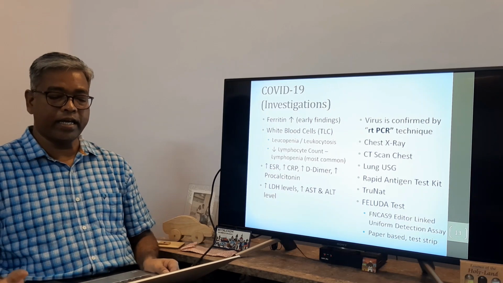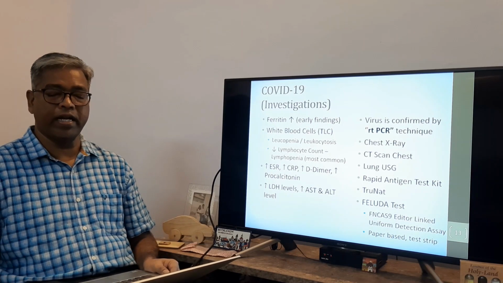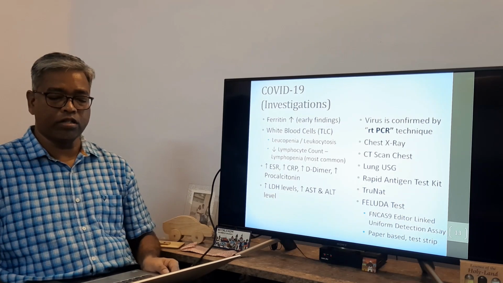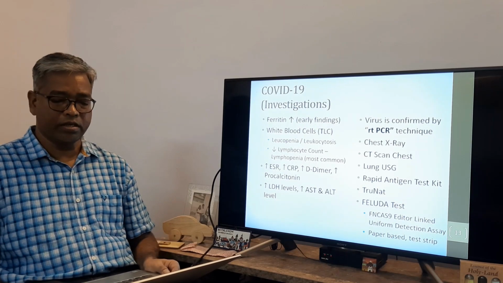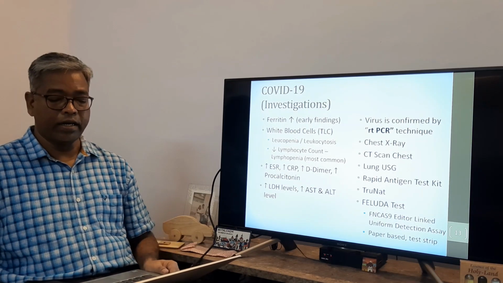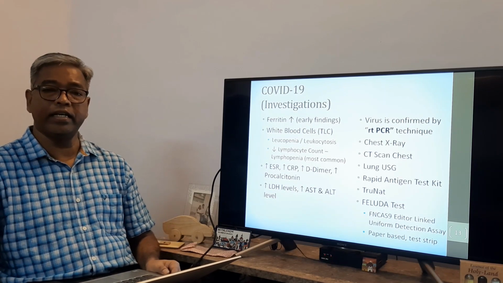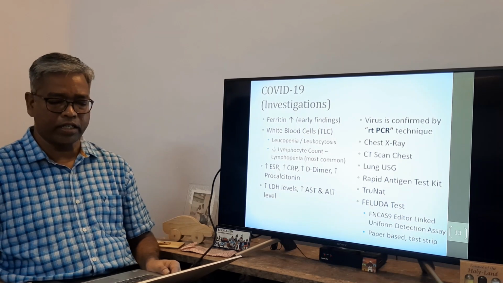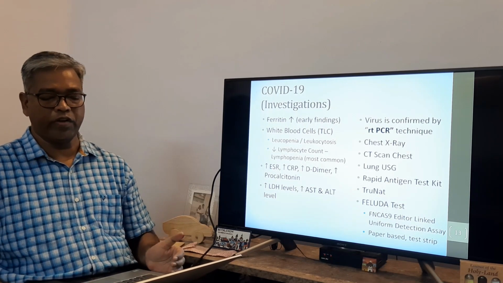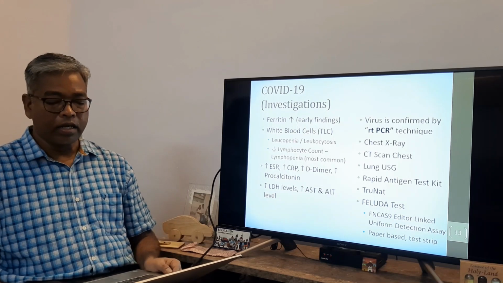So TrueNat is another which will take about an hour or so, and it will cost about 1300 rupees, and one can get the confirmation through that. And then the recent one that India is talking about, just 2 or 3 days back it came in the newspaper and news, FELUDA, I don't know, Feluda test and all that.